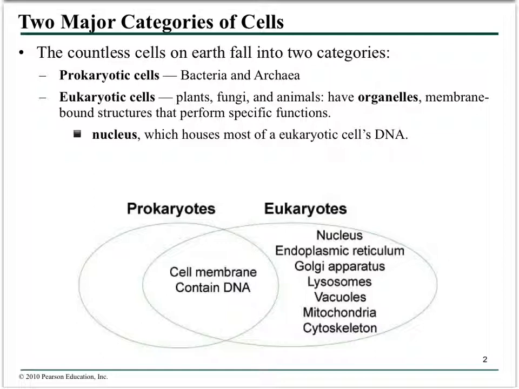Eukaryotic cells have all of these plus these. So the only overlap is in this area. So prokaryotic cells and eukaryotic cells have a cell membrane that contains DNA.